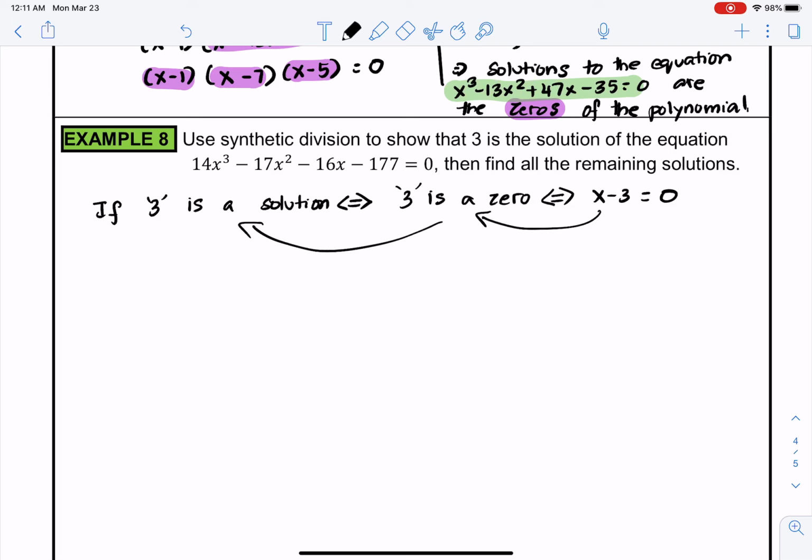So since 3 is a 0, x minus 3 is a factor.